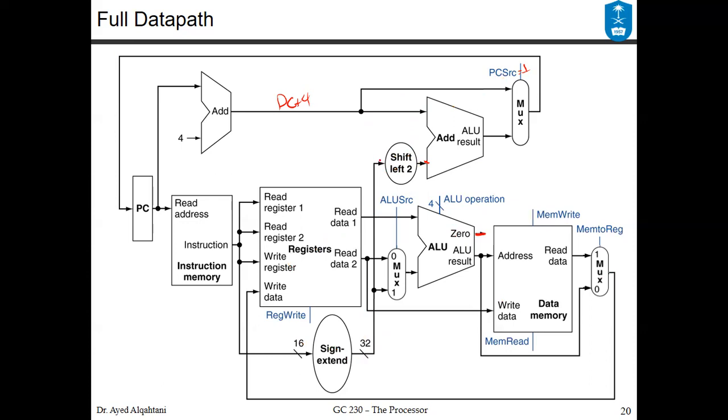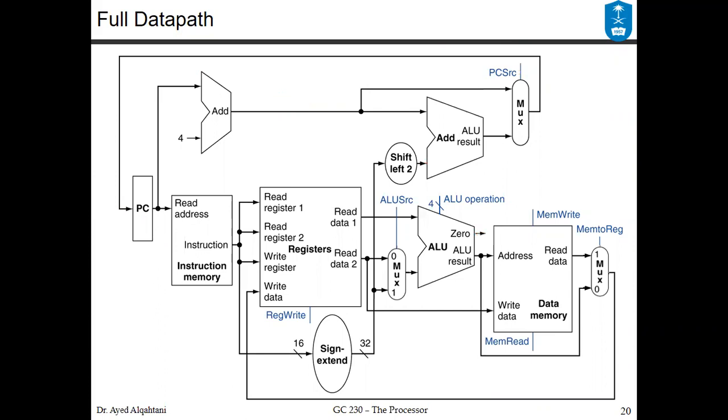You do the sign extension followed by shift to the left, and then you add it to the PC plus 4 to generate the target address at the end. Otherwise, if there is no branch, then you should run the code sequentially. And this means the PC source should be equal to 0. So the PC will be supplied by PC plus 4, indicating that you should go to the next instruction.